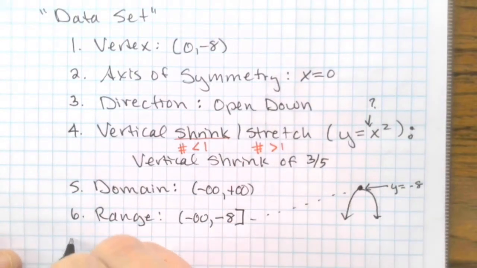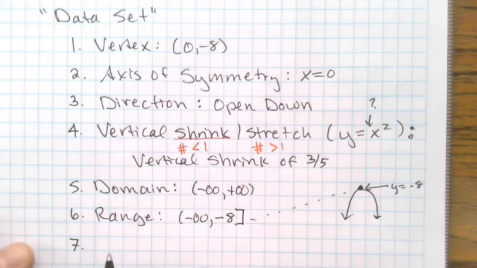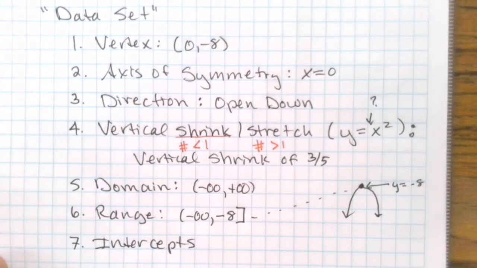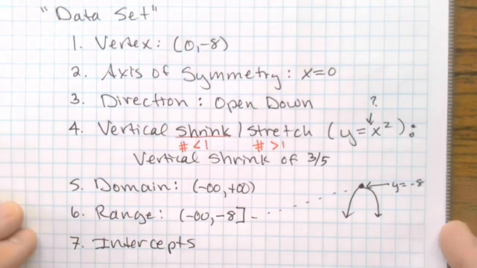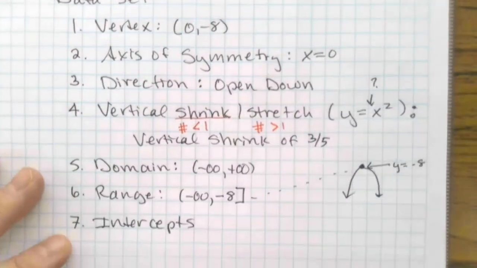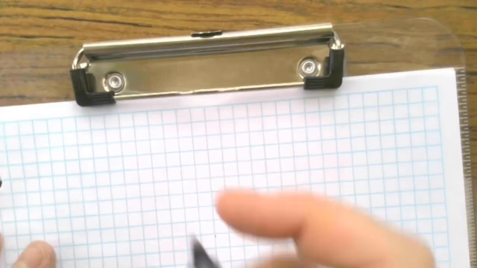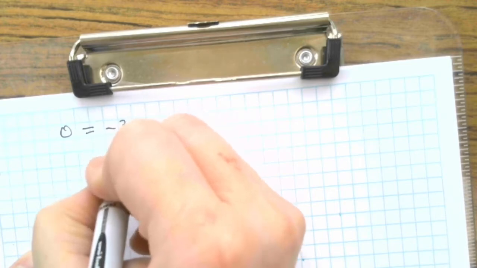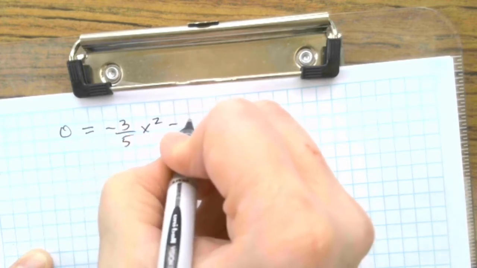Okay, and then the 7th item on the list are the intercepts, which you can solve any way that you see fit. For this graph, for us to do intercepts, I'm going to have to switch paper because I'm totally out of space. So you're going to set y equal to 0. That equals -3/5 x squared minus 8.